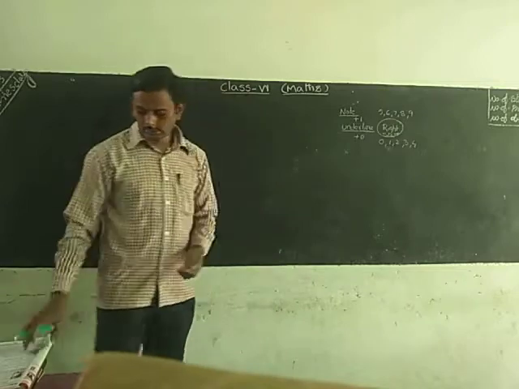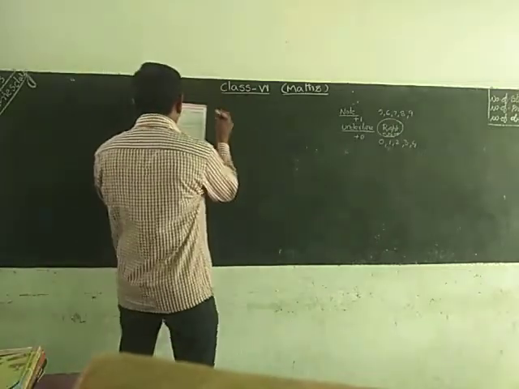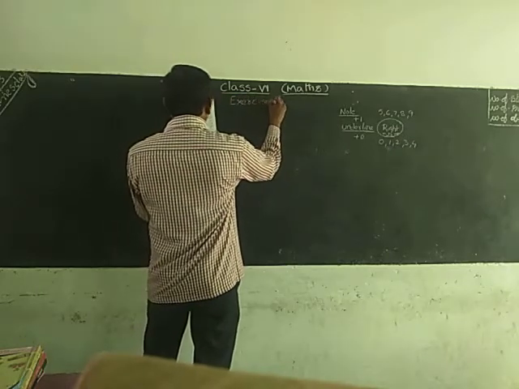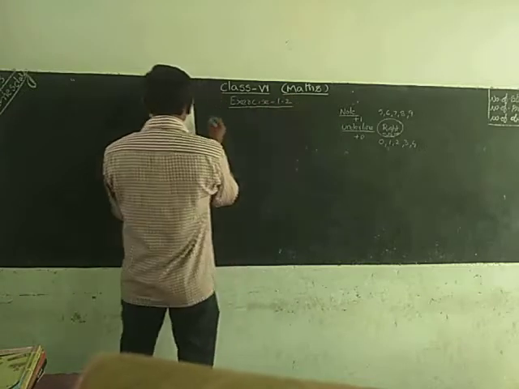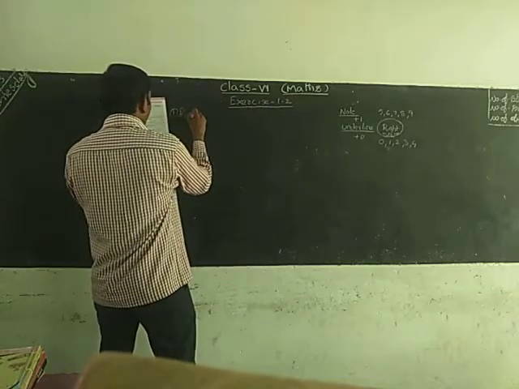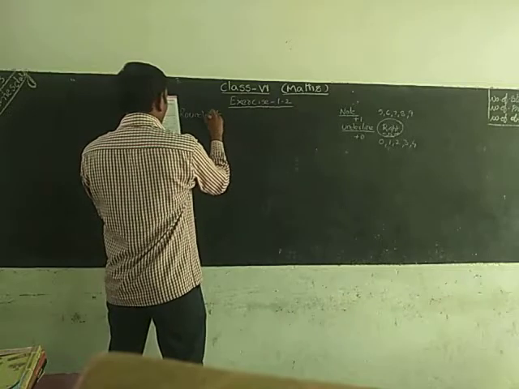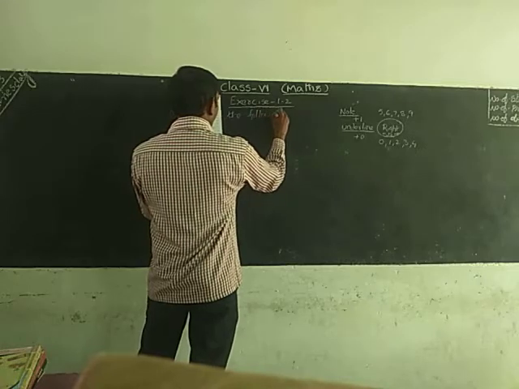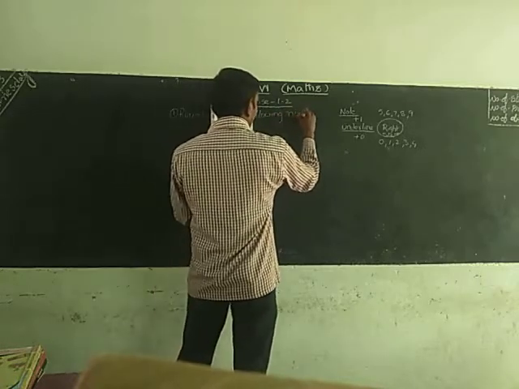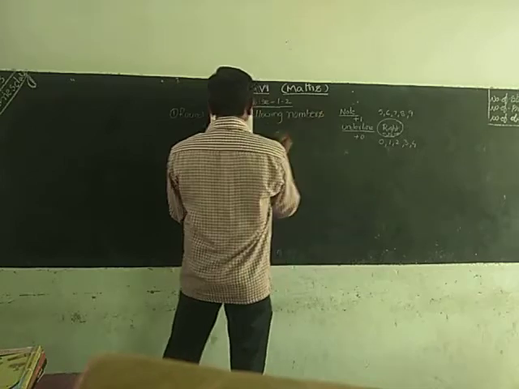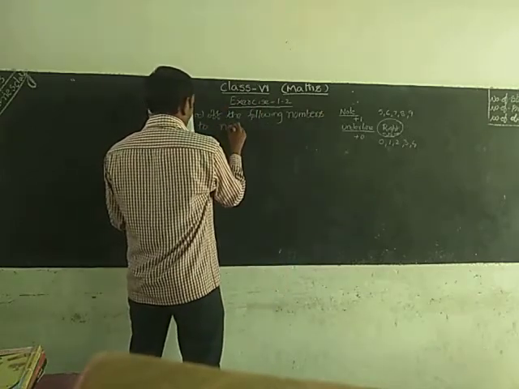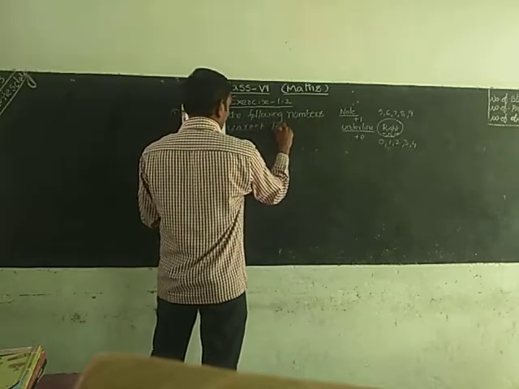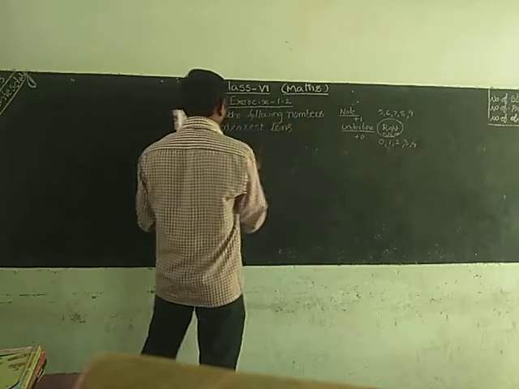Okay, we will discuss the exercise sums. I think all of you have understood. Exercise 1.2. Round off the following numbers to the nearest tens.